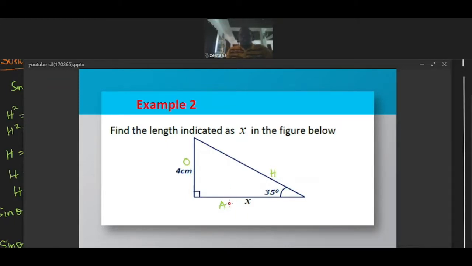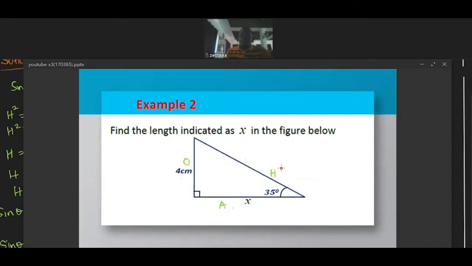So the sides that we have: our opposite, we have our hypotenuse, we have our adjacent. Now when you look through these points here, try to look out. If you don't know the values, if you don't know some unknowns, if you don't know some given length of certain sides, you can easily find them out using the tool. Like for example, if you have the opposite and adjacent, you can use them to find the hypotenuse.